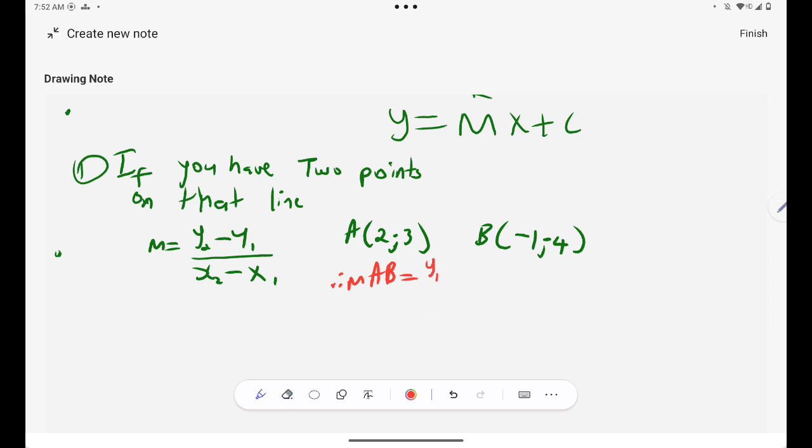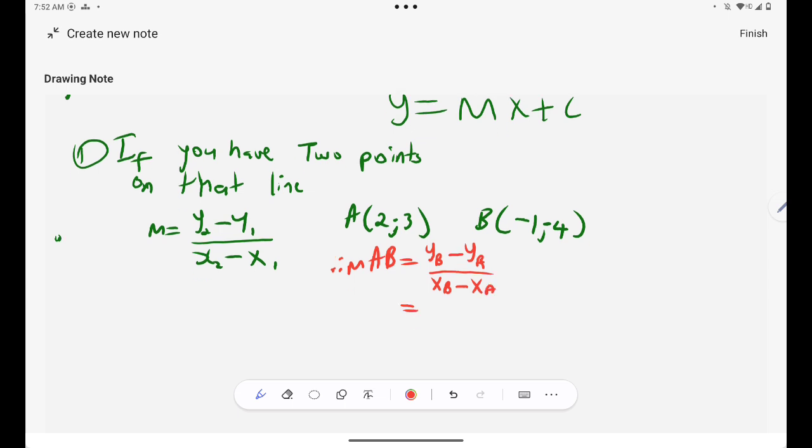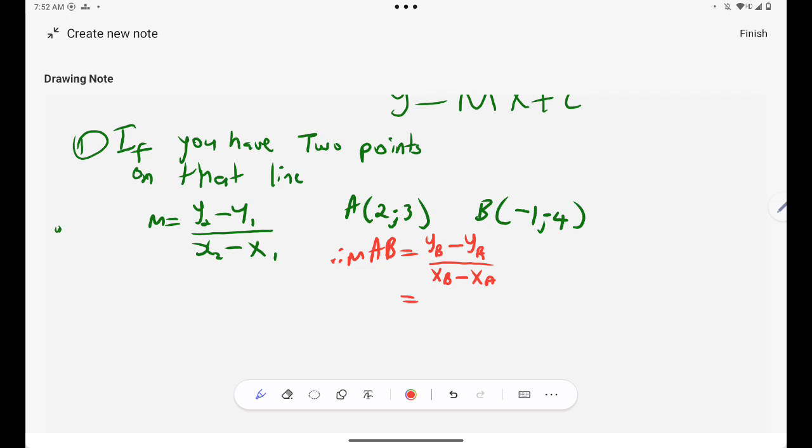You can just say the y value at point B minus the y value at point A all over the x value at point B minus the x value at point A. Are you together? So the y value at point B is -4. The y value at point A is equal to 3. The x value at point B is -1, and the x value at point A is +2.